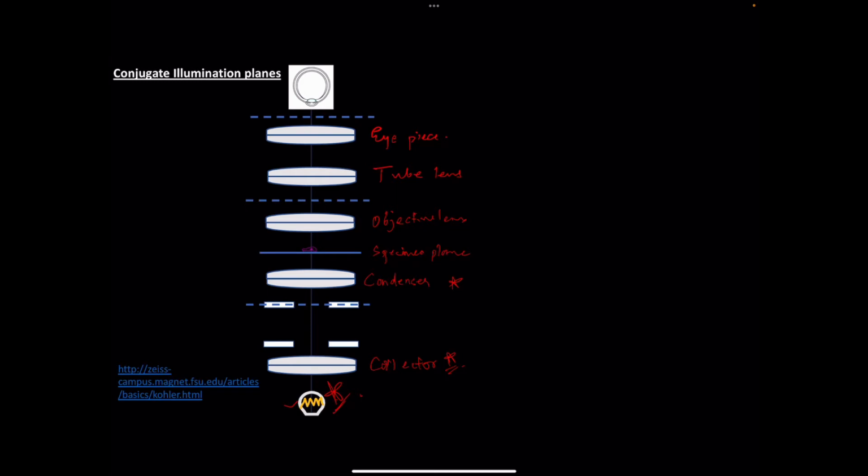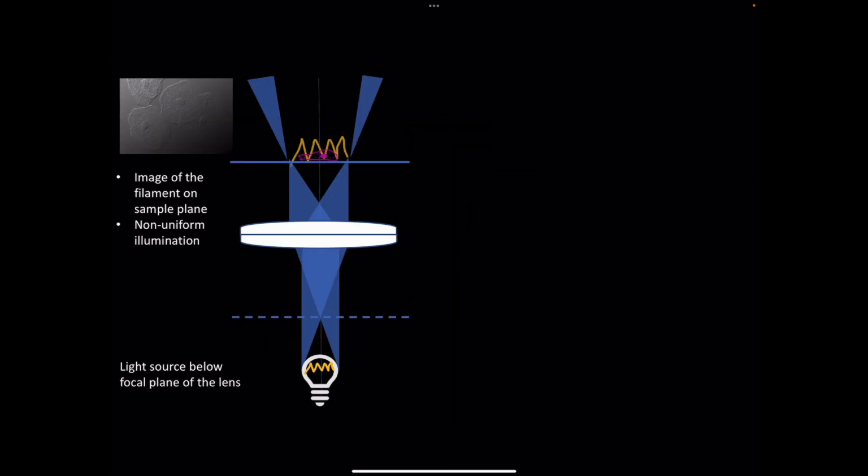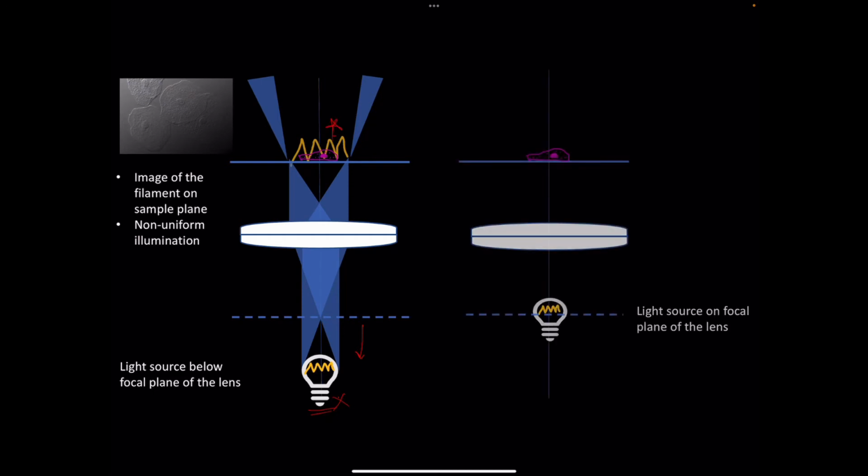What I meant with that is, assume a scenario here which we saw. If your light source is basically here, your light source is not able to move on its own. Therefore, if your light source position is fixed somewhat back to the rear focal plane of your lens, it's going to put an image of your light source on your sample, but that is going to lead to a non-uniform illumination, right?